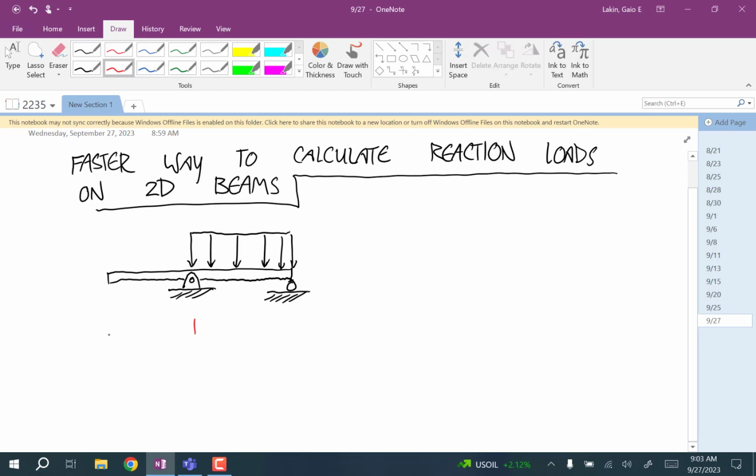So let's say this is 1/2 meter, and this is 1/2 meter. And this distributed load has a magnitude of 500 newtons per meter.